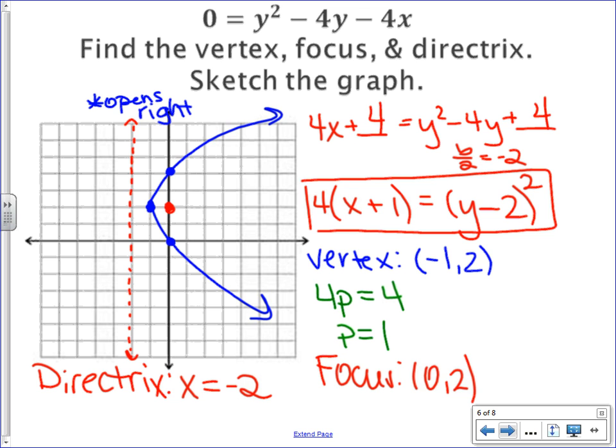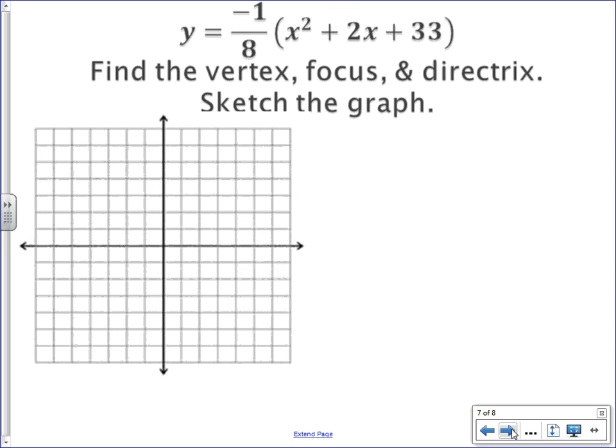All right, let's look at another example. Okay, first of all, does this open vertically or horizontally?